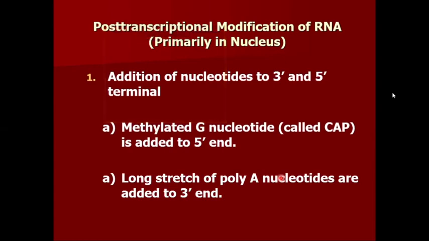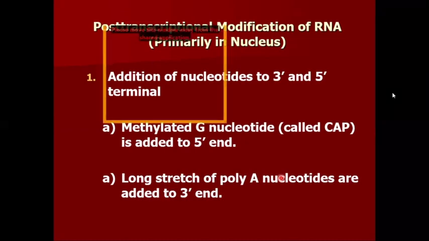And then lastly, for transcription, post-transcriptional modification of the RNA transcript: you have to protect the 3' end and the 5' end from the exonucleases found in the nucleus. How do you protect the 5' end? You attach a cap which is made up of methylated guanine nucleotide.